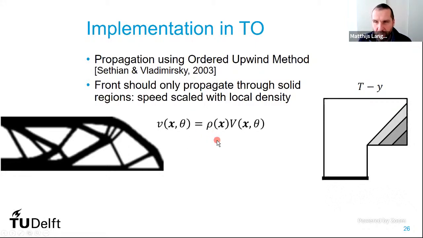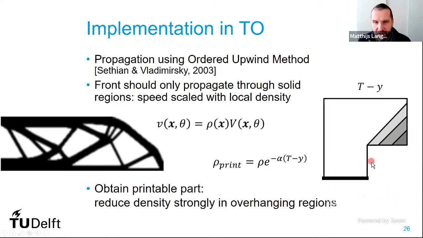And finally, this is not the result that we are looking for. We want to identify which part of the structure is printable and not have this field here, this delay field that indicates the overhanging region. But we can transform the one into the other by essentially creating a printable density field that drops off exponentially with increasing overhang value.